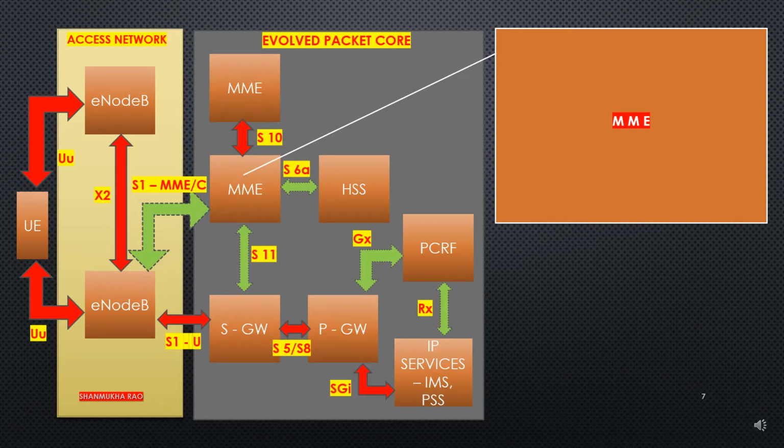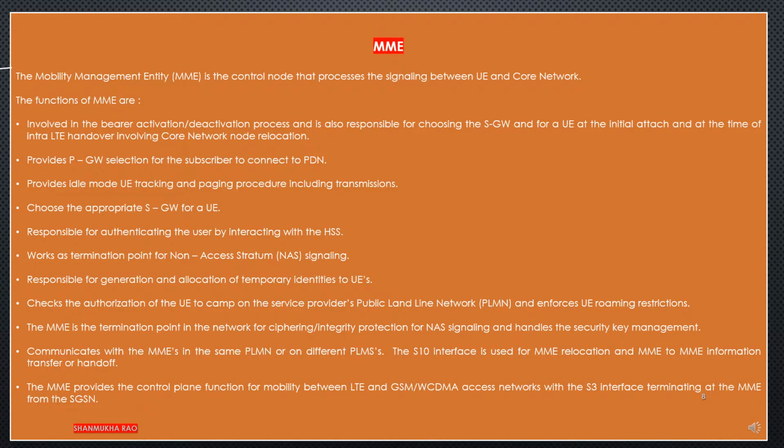Let's have a look at the Mobility Management Entity, MME. The Mobility Management Entity, MME, is the control node that processes the signaling between user equipments and the core network. The functions of MME are: firstly, MME is involved in the bearer activation and deactivation process and is also responsible for choosing the serving gateway for the user equipment at the initial attach and at the time of intra-LTE handover involving core network node relocation.